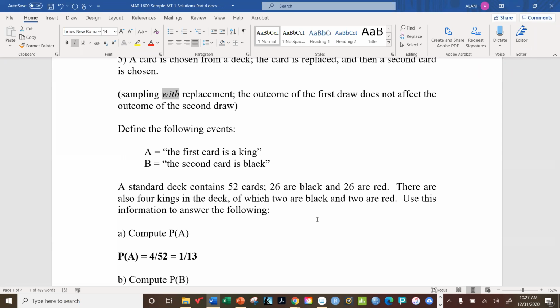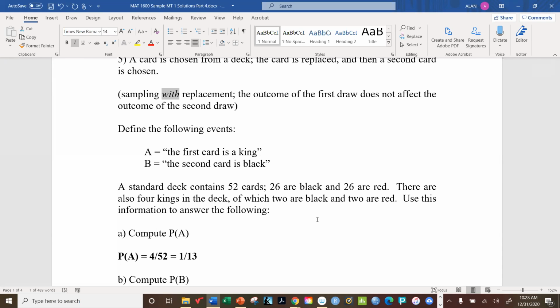And in addition, we probably don't need to bother writing out all the elements in set A or B either, just because there would be a large number of them. And to make things even more complicated, they're not numbers, they're letters. For example, King of Spades, I guess you would write that as KS. So we're not going to write out the elements in these sets, but we do understand how many elements are in each one, and that's really the bottom line.